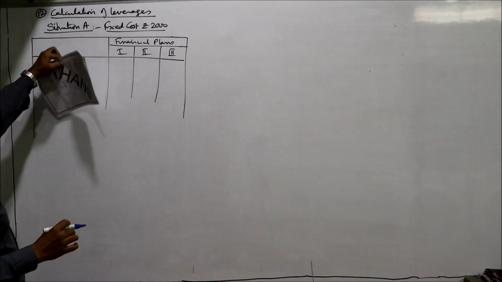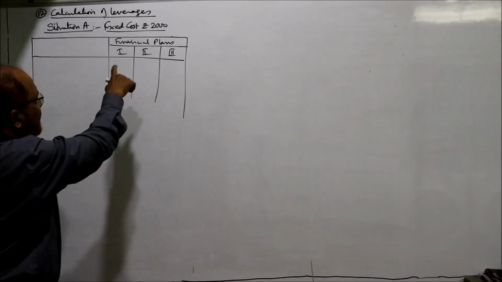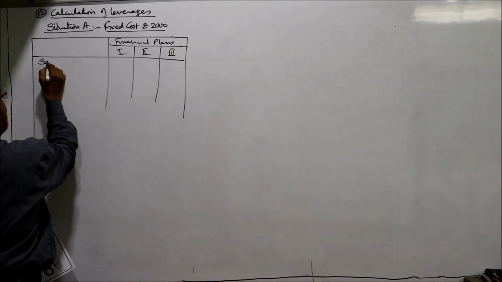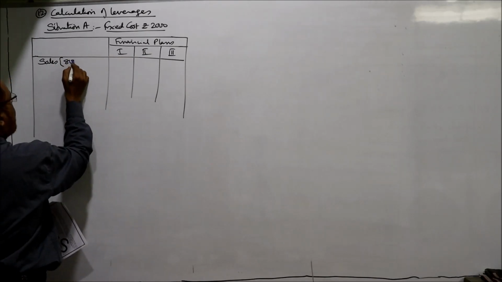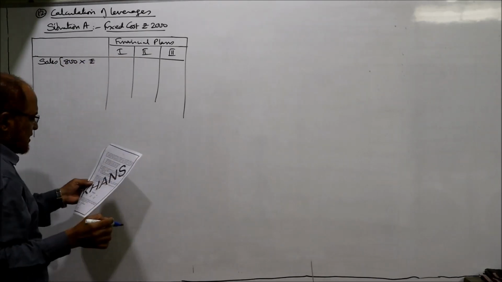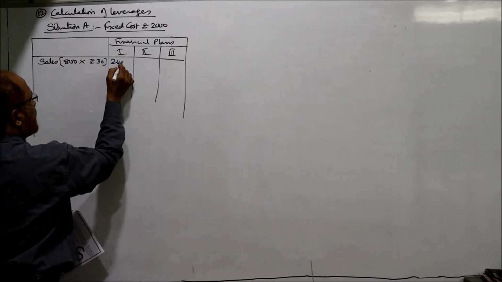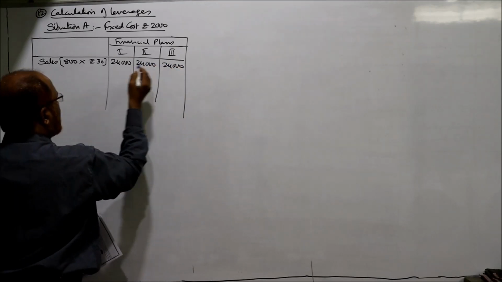So in situation A, we are taking fixed cost given in the problem, and financial plans 1, 2 and 3. First we take sales. How many units we are making? 800 into rupees. What is the selling price per unit? 30. That gives 24,000.